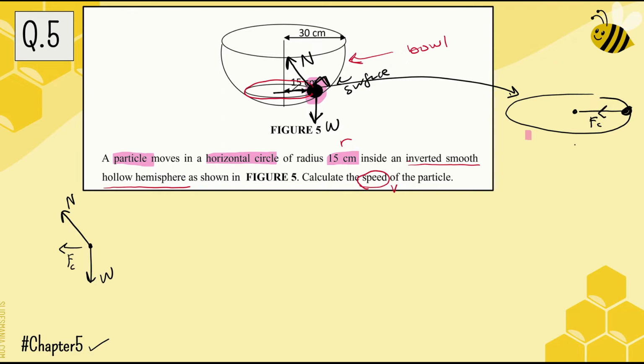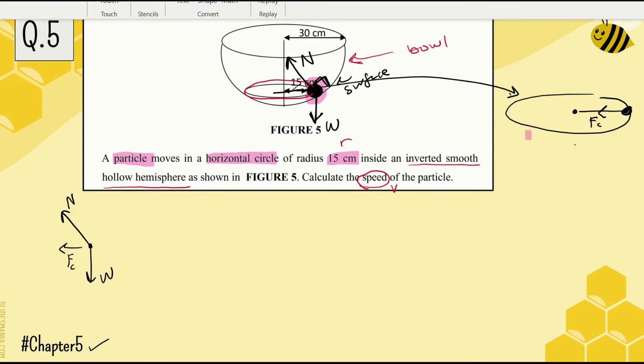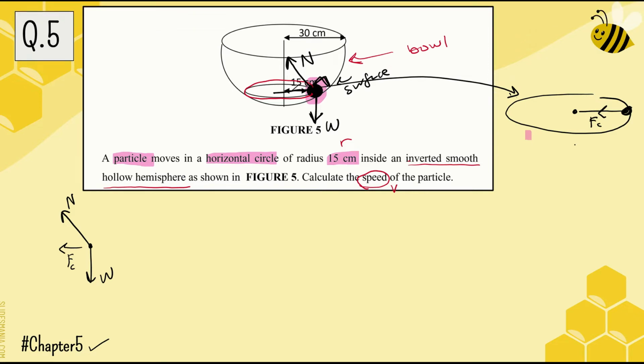To find the velocity, we use the x-axis and also the y-axis. For the x-axis, summation of Fx is equal to Fc. So you need to resolve the normal into Ny and Nx. In our case, Nx contributes to our centripetal force.